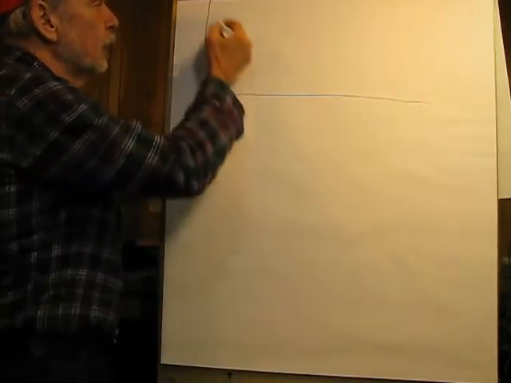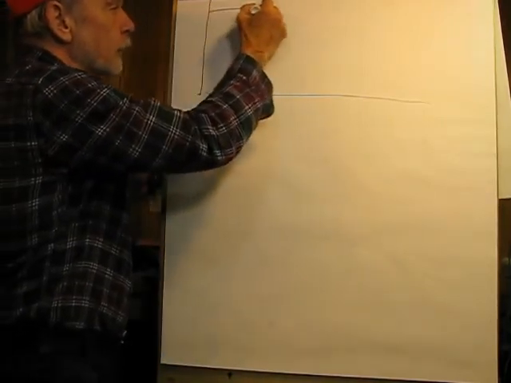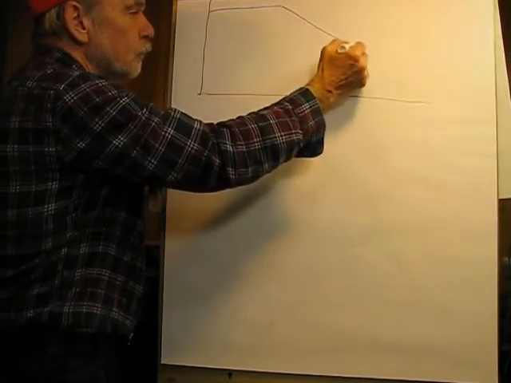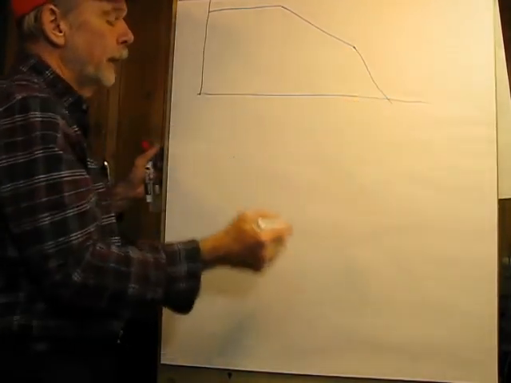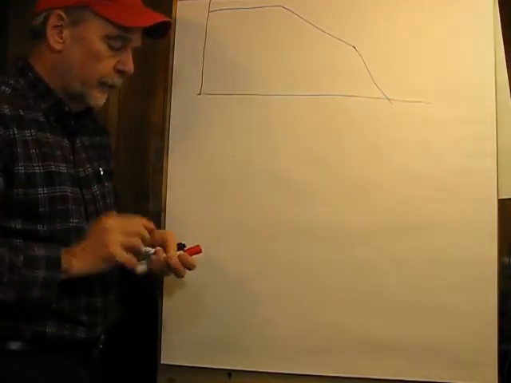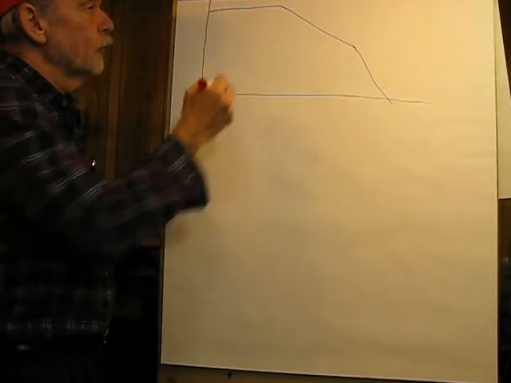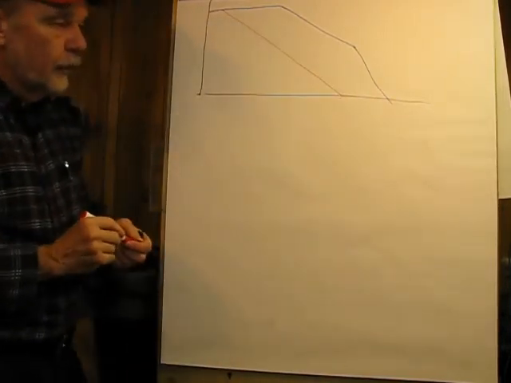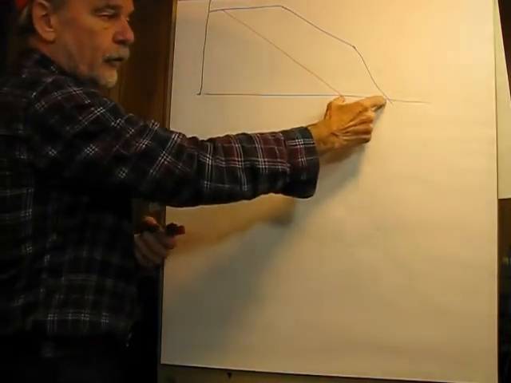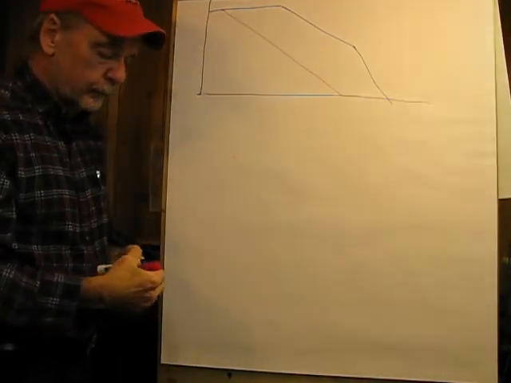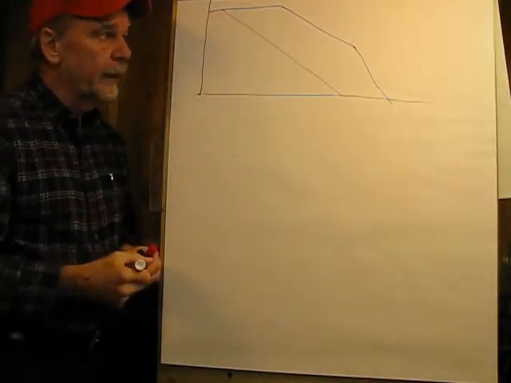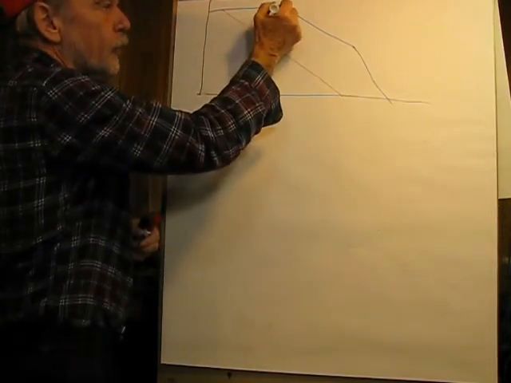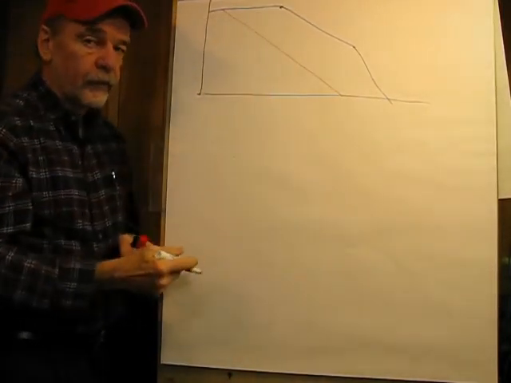But anyhow, what that would look like would be something like this, and a regular compensated op-amp might look something like this. So what we see here is that we have considerably more bandwidth at unity gain, but this here is going to be a pole, and it's not dominant.